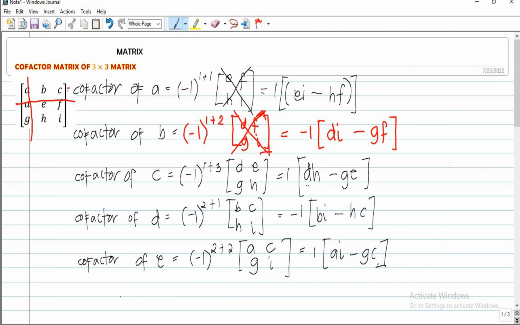Then we have a cofactor of F that is equal to negative 1 sa may row 2, column 3, that is AB, and GH is negative 1 multiplied by AH minus GB.